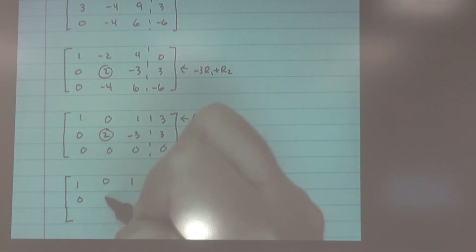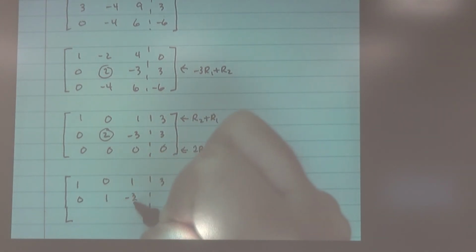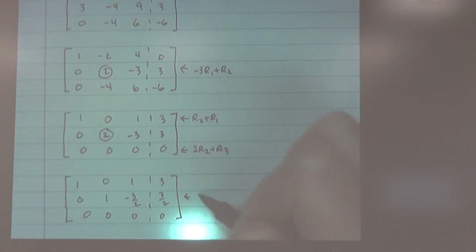Multiply it by a half. And we've got our matrix into reduced row echelon form.